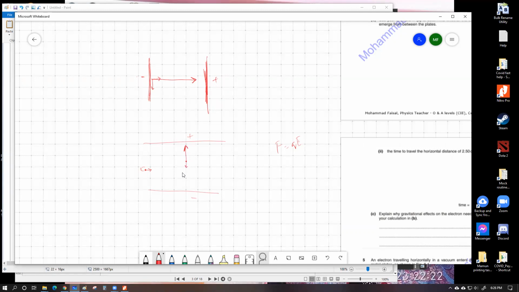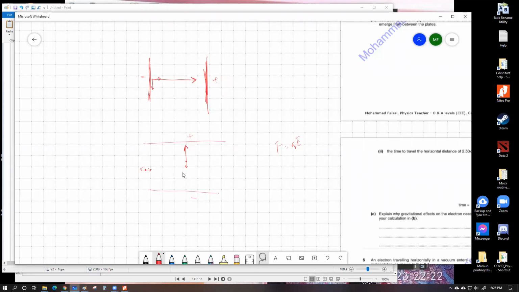The statement that we use to get rid of the weight factor, or the change created by the weight, is that the weight of the charged particle is too small compared to the force experienced due to the electric field. Or in other words, you can say the electric force working on the charged particle is way too big compared to the gravitational force experienced by the charged particle.